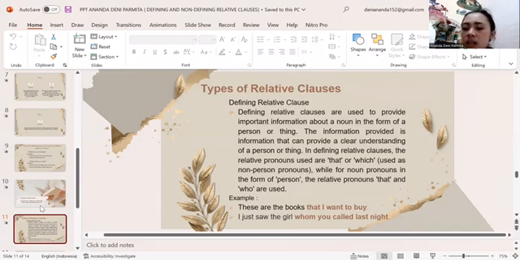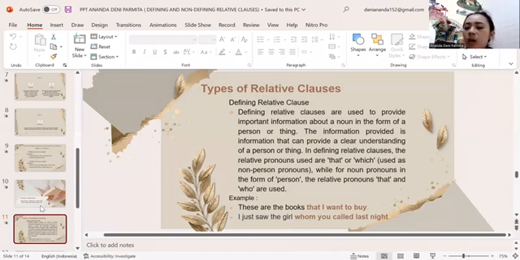In defining relative clauses, the relative pronouns used are that or which, used for non-person nouns, while for nouns in the form of a person, the relative pronouns that and who are used. For example: these are the books that I want to buy.